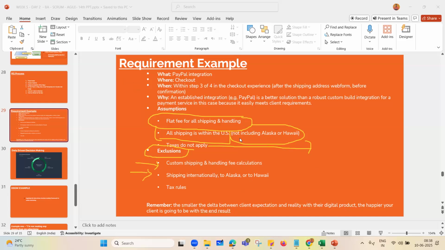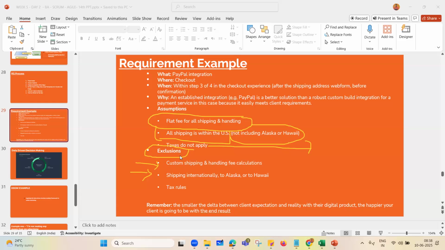Even if you had not written this, that is okay. But when it says shipping internationally is not allowed, by default it brings the assumption that it means within the USA. You are understanding how we understand the exclusion and also the inclusion, reading between the lines, and whatever it gives as an assumption, we also quote into the document.